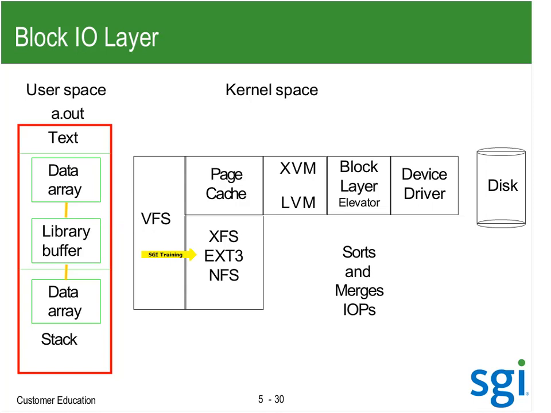Also, my IO then is going to move from my data array into the page cache, which I've been calling the file system buffer cache. Basically, all of memory is cache, so they call it page cache. Whereas older Unixes and IRIX, for example, the cache was a subset of memory. From there, we go into the volume manager.